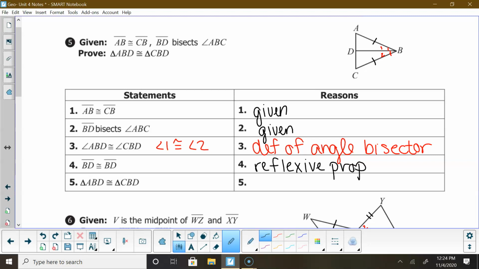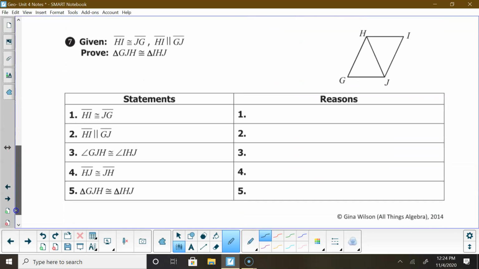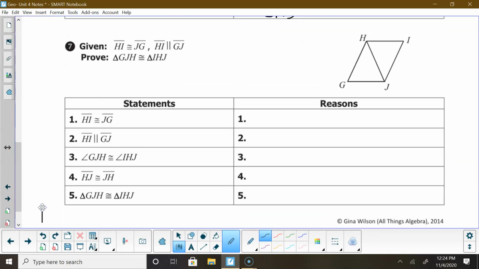Yeah. Forgot to mark this one. How we feeling? We okay? Are we as terrified as we were when we started? No? Alright, well that's good. Progress. Alright, try number 7.